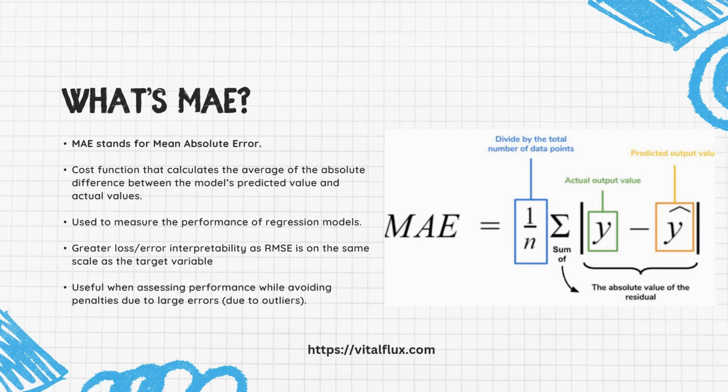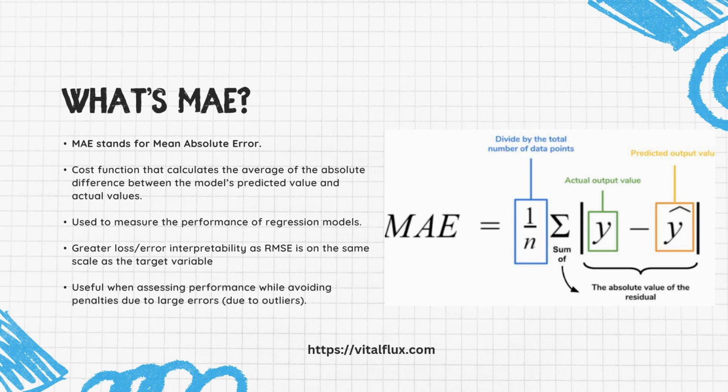If you look at the formula, you'll see that we have the actual output value subtracted by the model predicted output value, and then for each record we take the absolute value of it and sum it up, and finally average the summed value, which gives the value of MAE.